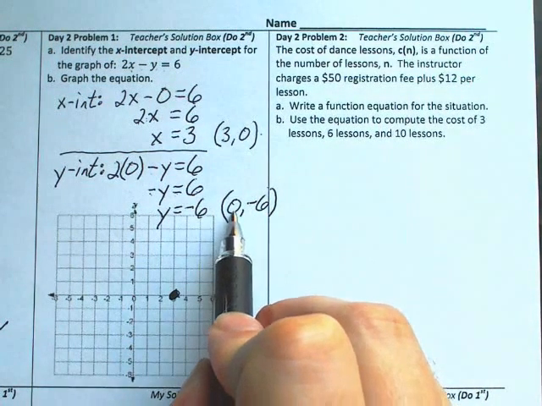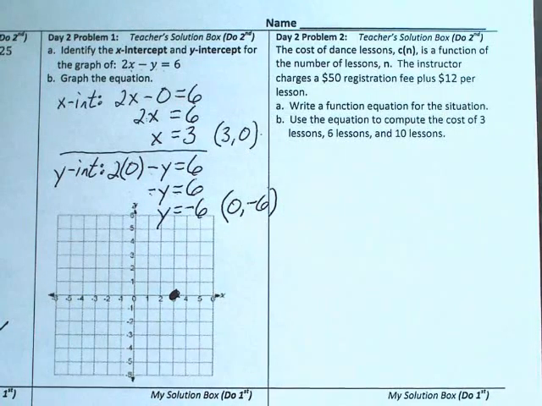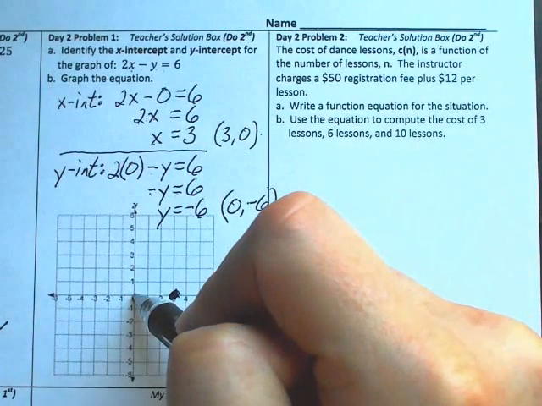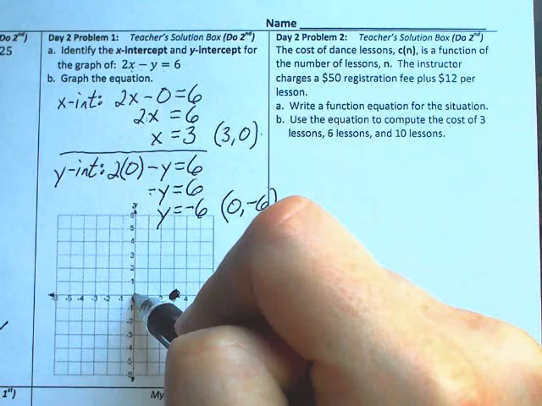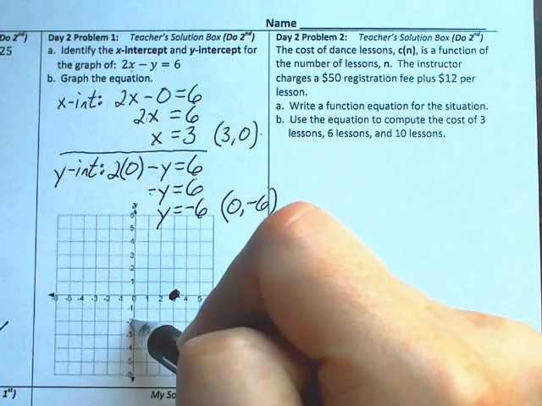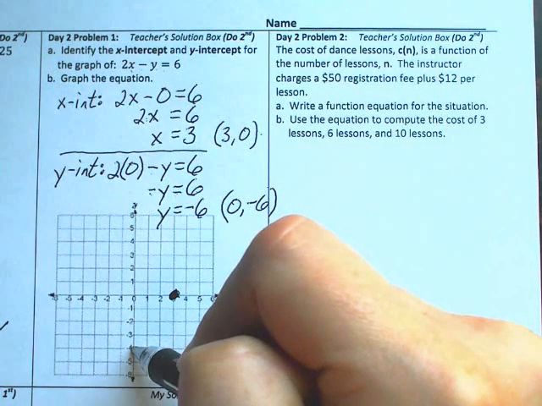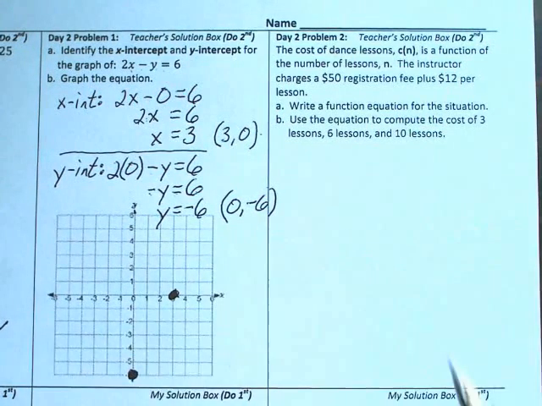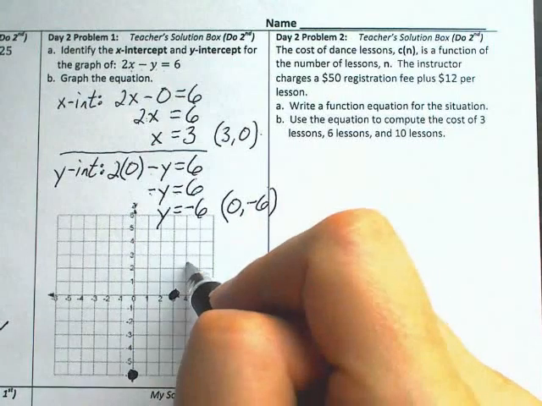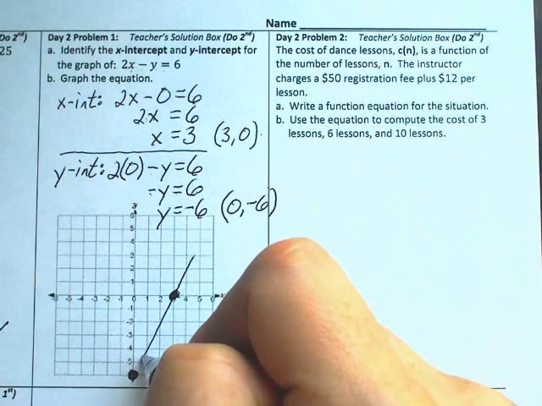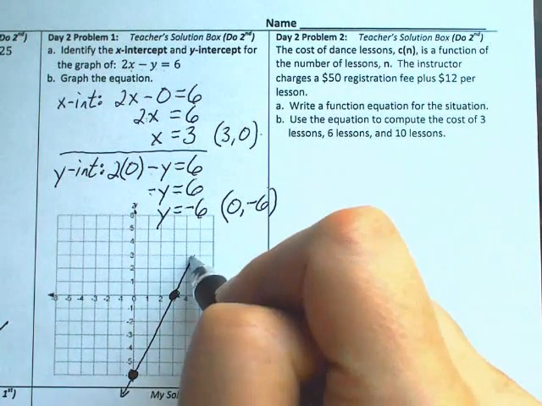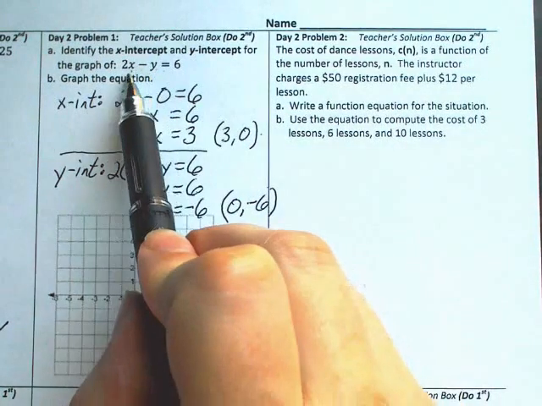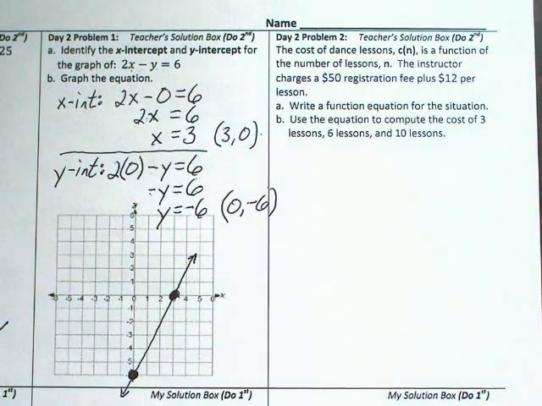Okay, now let's use (0, negative 6), the y-intercept. Starting at the origin, 1, 2, 3, 4, 5, 6. Here is negative 6, the y-intercept. And I can draw a line through those two dots. That is the graph of this linear equation.